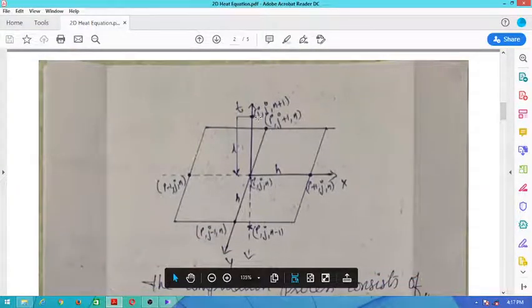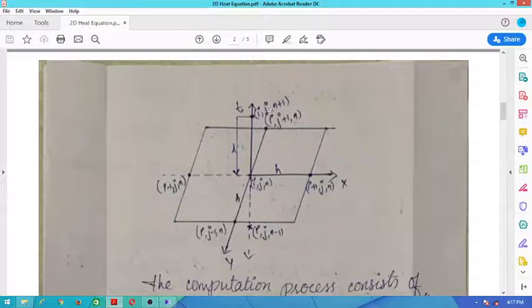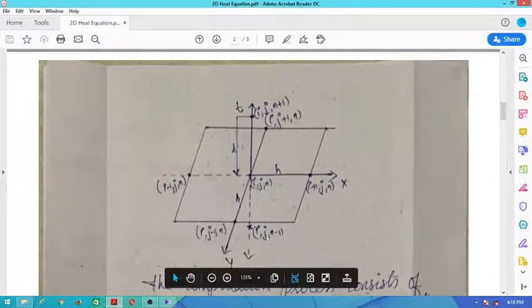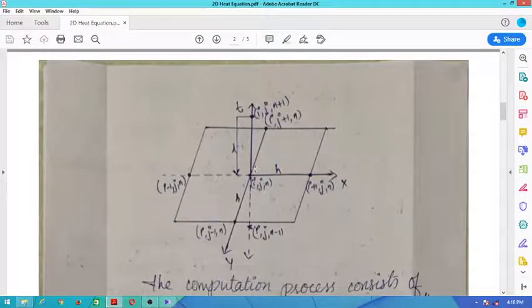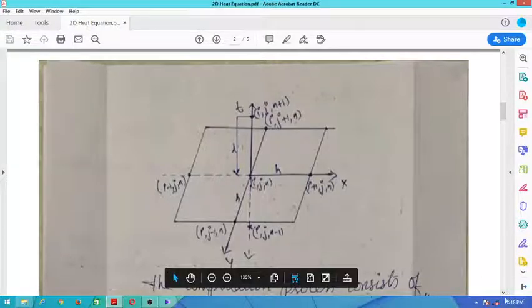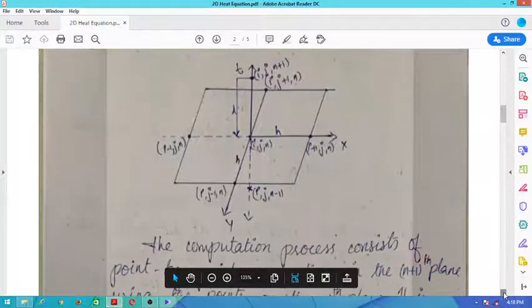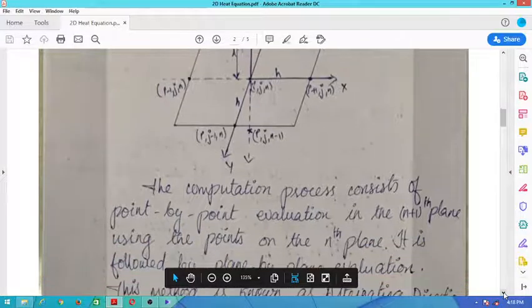To evaluate the value of u at (i, j, n+1), we use the points u_i,j+1,n, u_i,j−1,n, u_i−1,j,n, u_i+1,j,n, and u_ij,n. These 5 points are used to evaluate u at the point (i, j, n+1), and all the 5 points lie on the nth plane.